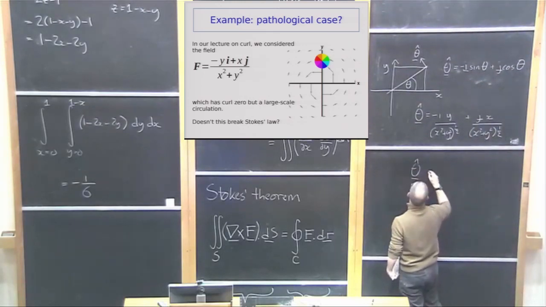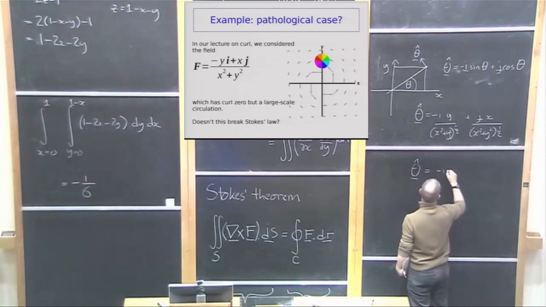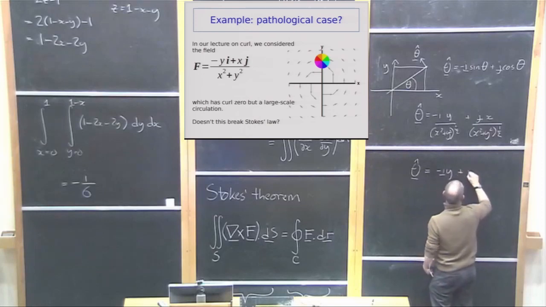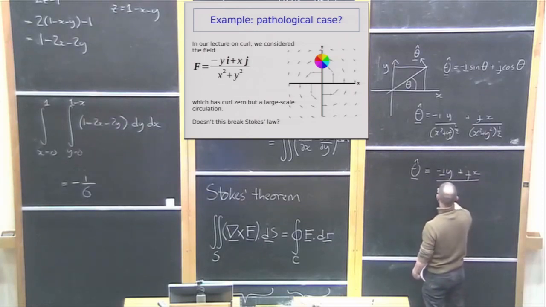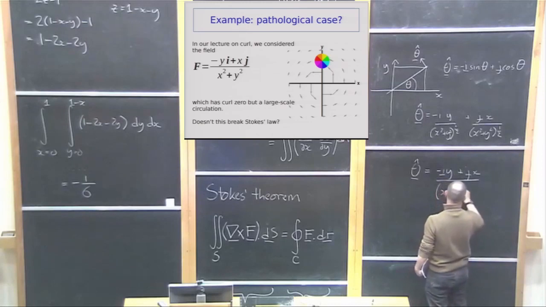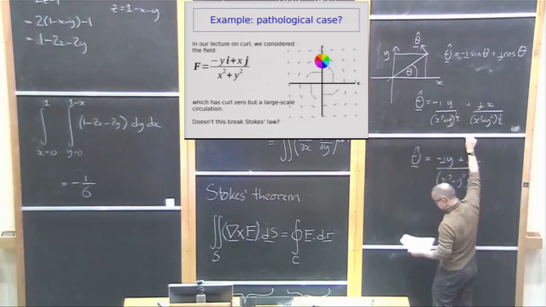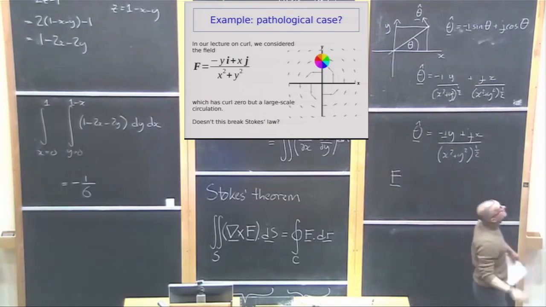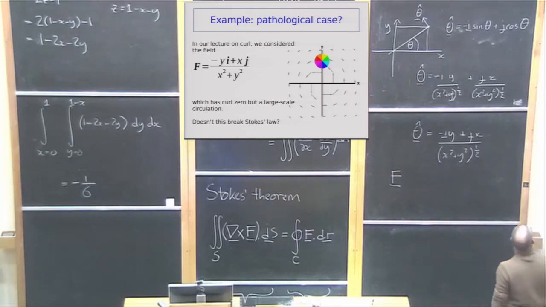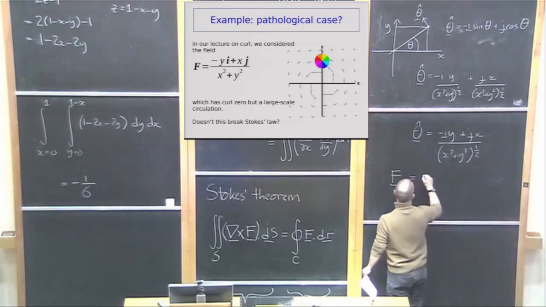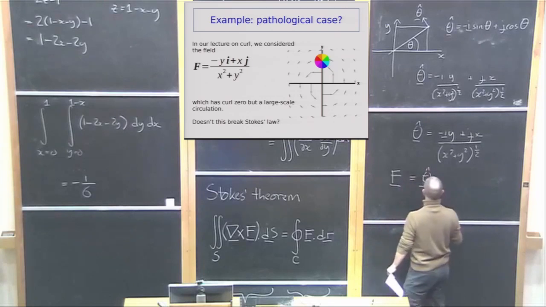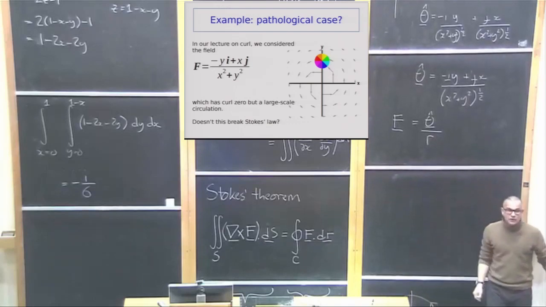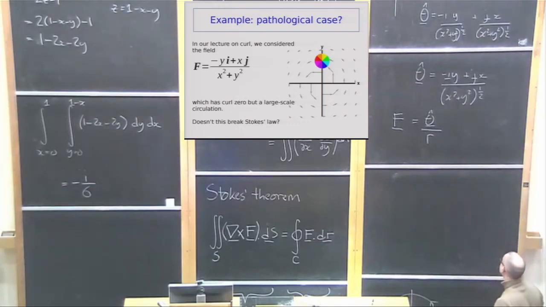So my unit vector in my direction of increasing theta is minus iy plus jx over x squared plus y squared to the half. Therefore, our nasty pathological field here, minus yi plus xj over x squared plus y squared, is simply described by the unit vector in the increasing theta direction divided by another component, another unit of its length.